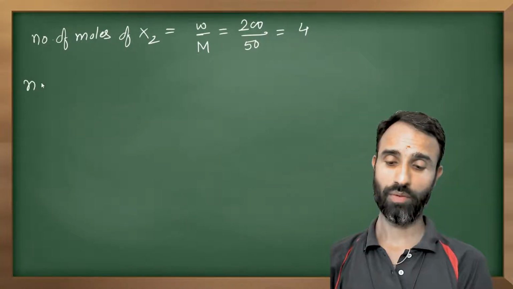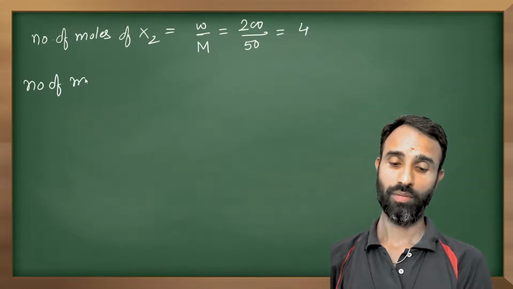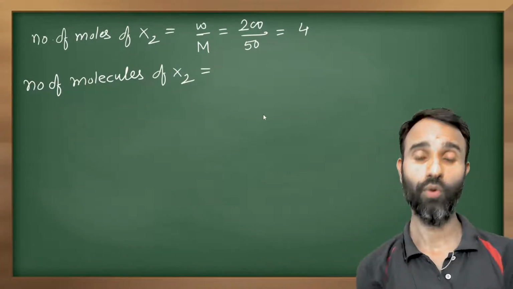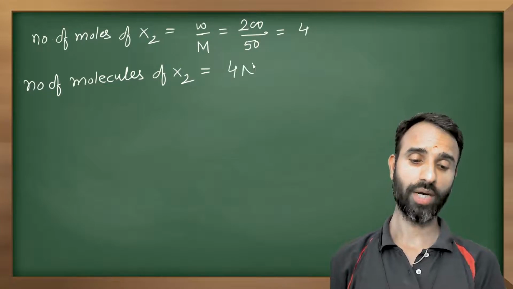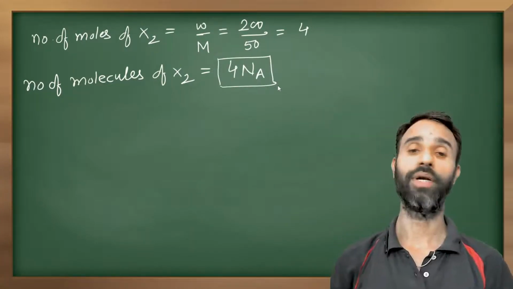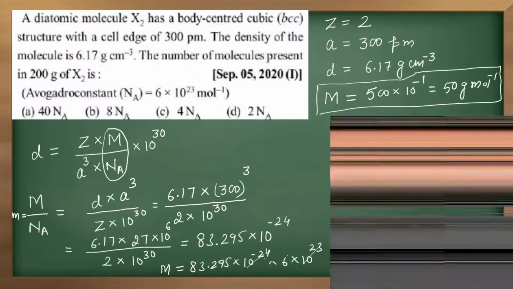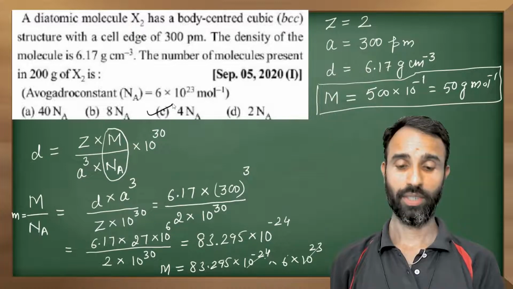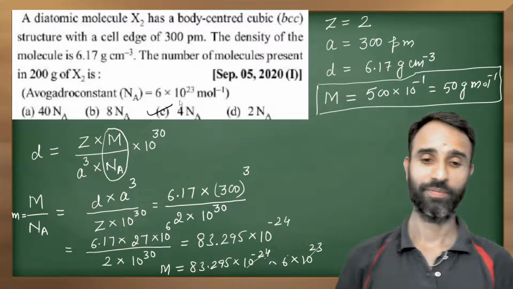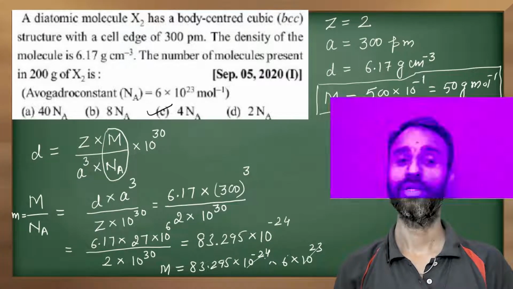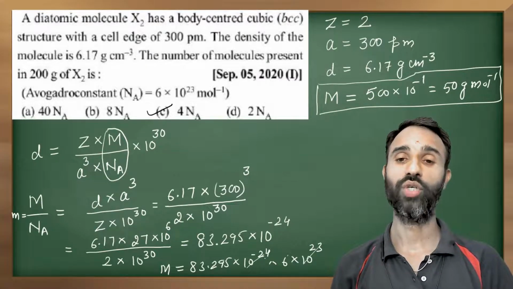So moles of X2 are 4, so molecules are 4 into Avogadro's number. So that means C is the right option. Yes, beta. Got it? Any doubt in this question?